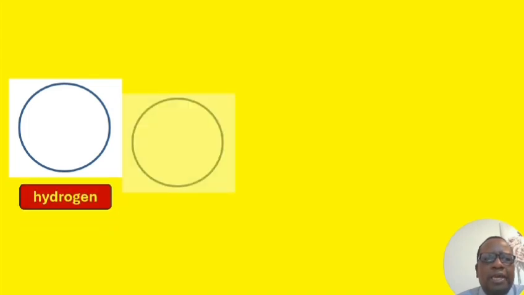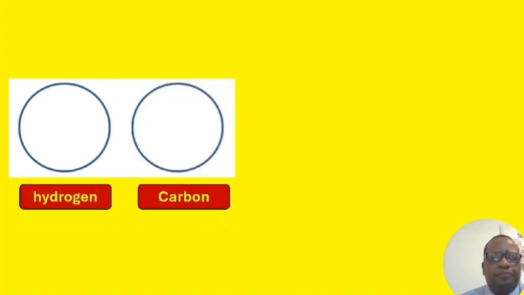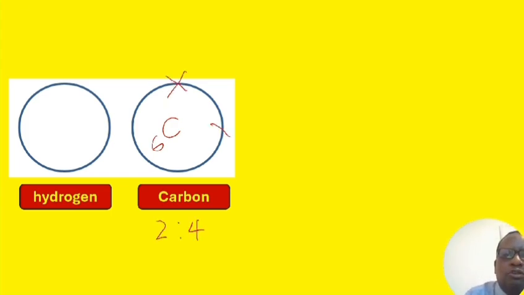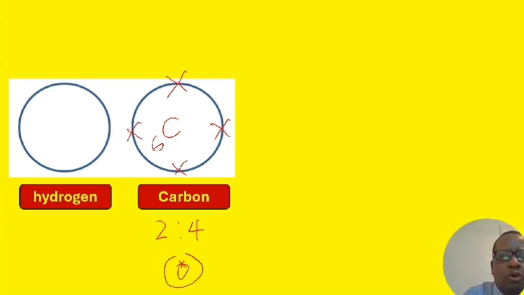Now then, let's look at carbon and hydrogen. Again, you need to use the periodic table. Carbon is atomic number 6, so it's 2 and 4. So that means carbon has got 4 electrons in the outer shell. We are not talking about the 2 shells. We are not drawing the first 2.